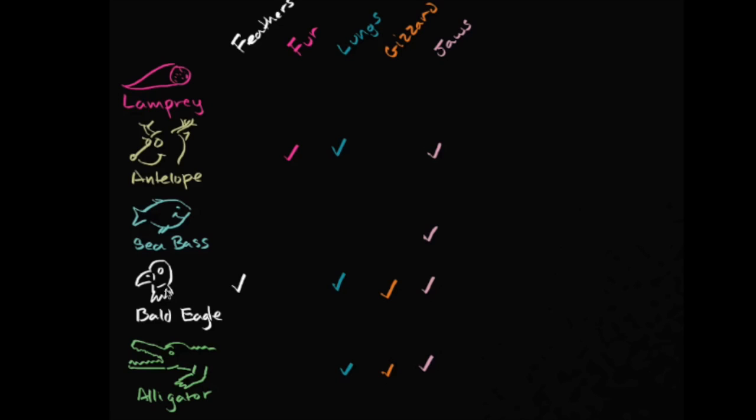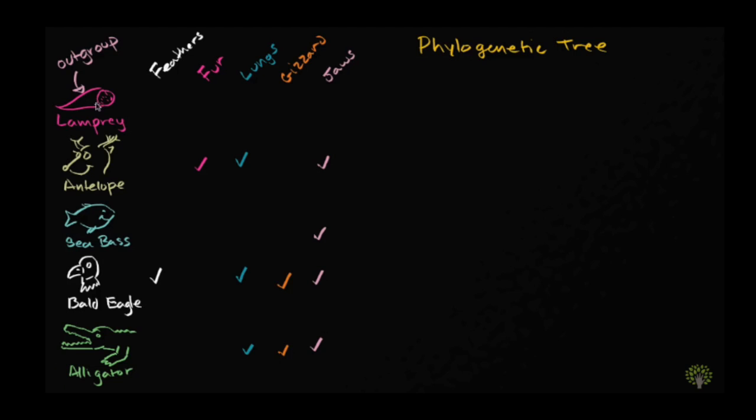I don't know, but this simple example is just trying to give you an idea of what a phylogenetic tree is. And because lamprey does not have any of these traits that we listed, we call it an outgroup. Yeah, let's just set the terminology straight. It's an outgroup.